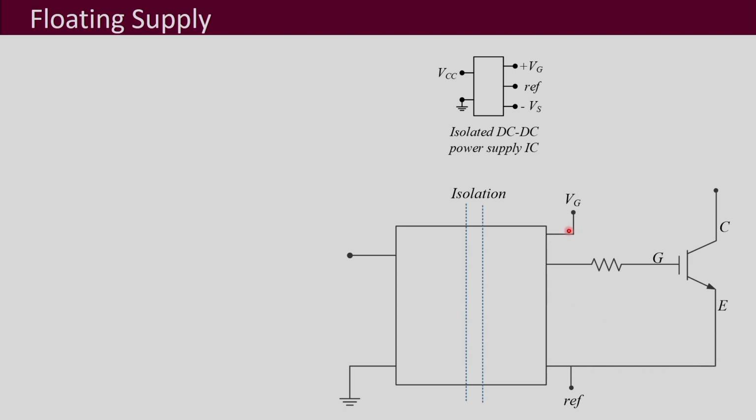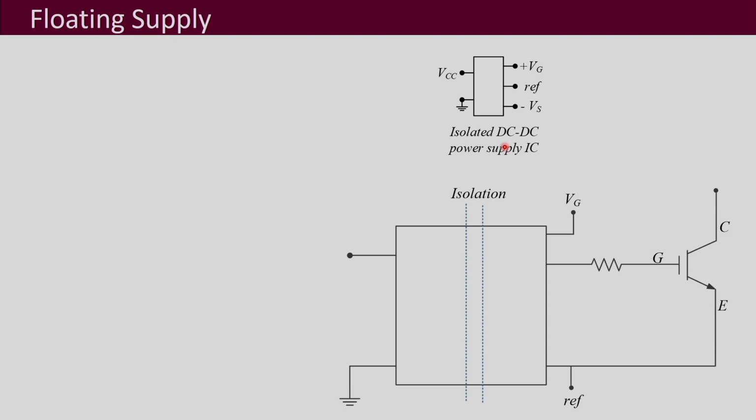Now there are different ways by which floating supplies are obtained. One of the ways is using isolated DC to DC power supply ICs. So what are these ICs? These basically contain isolated DC to DC converters inside them. You might have studied them before: flyback converter, forward converter, push pull and so forth.